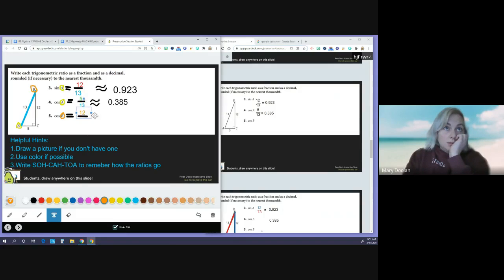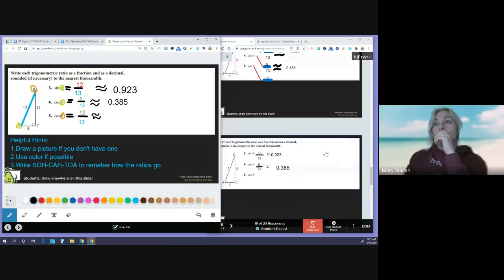Why did I make that orange? I didn't mean to do that. Adjacent, I was using green. Okay, and that's over the hypotenuse, which doesn't change. It doesn't matter if you're looking at A or B, your hypotenuse is still your hypotenuse, which is 13. Then we are going to round this to the nearest thousandth.